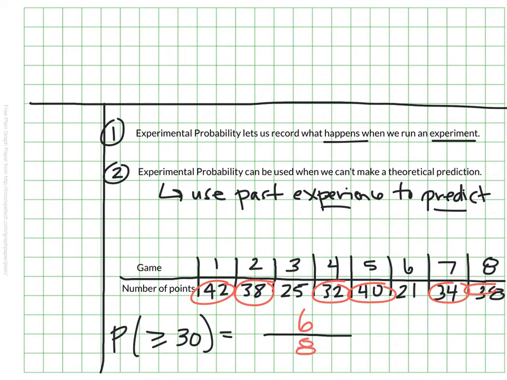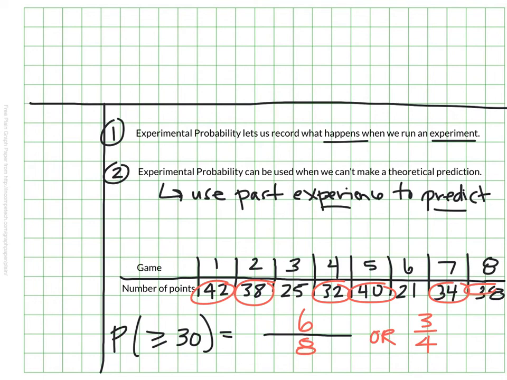So in the experiment I'm looking at here, 6 out of 8 times they scored over 30 points. So that's a pretty good prediction of what might come, right? 6 out of 8, or I could say 3/4. So I have a 3 out of 4 chance in my next game of getting more than 30 points, or getting at least 30 points.